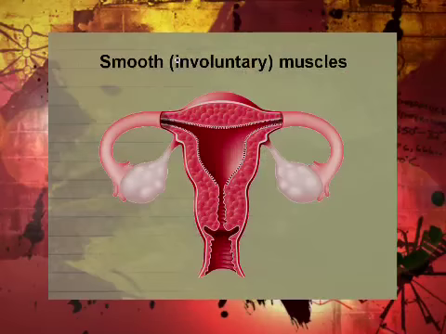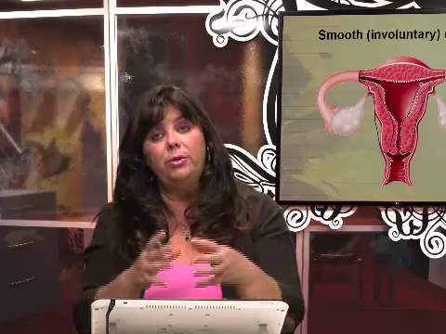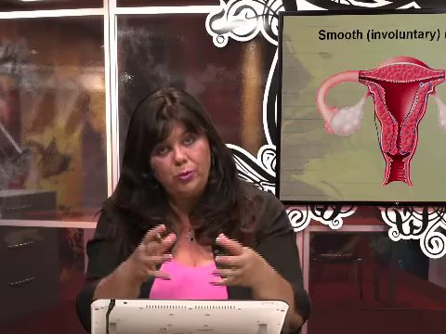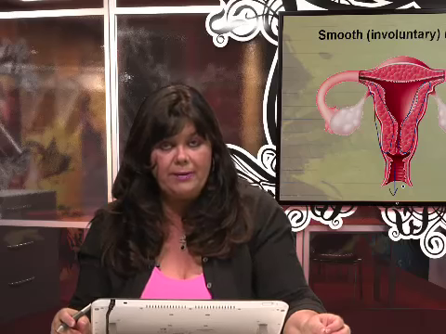Other smooth muscles that we've already spoken about a couple of weeks ago as well are the muscles that are found around the walls of the uterus. So here we've got our picture of the uterus, the very thick muscular wall that we kept talking about. Those muscles are needed in order to give birth to the baby, to be able to squeeze and push the baby out of the cervix and out of the vagina.